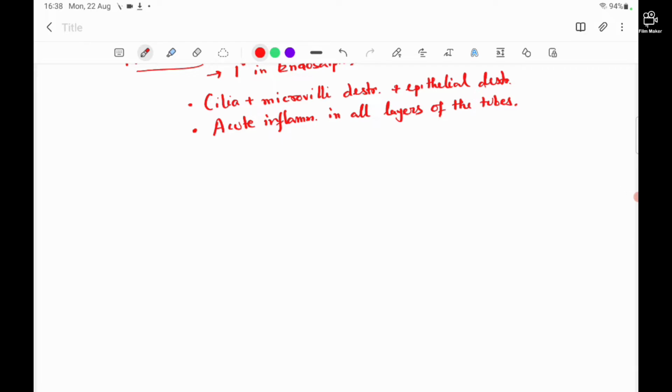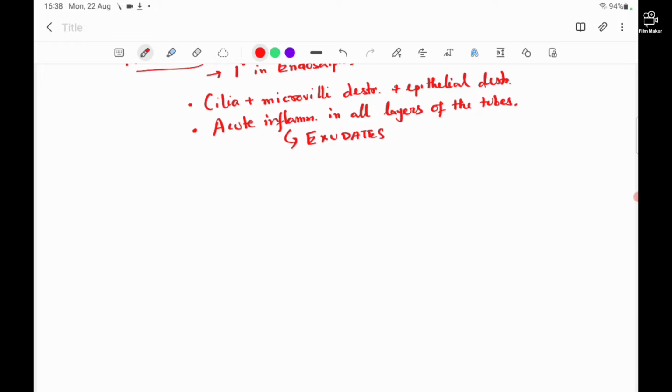Because of this acute inflammation in all layers of the tube, you can find exudates, which actually pour into the lumen of the tube and agglutinate the mucosal fold.